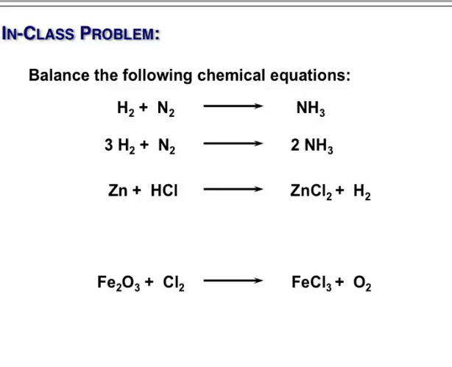So let's double the amount of HCl. Put in a 2. That gives us 2 hydrogens, 2 chlorines. But that's okay, we need 2 chlorines. 1 zinc, 1 zinc. The only thing you have to do is stick in this 2.